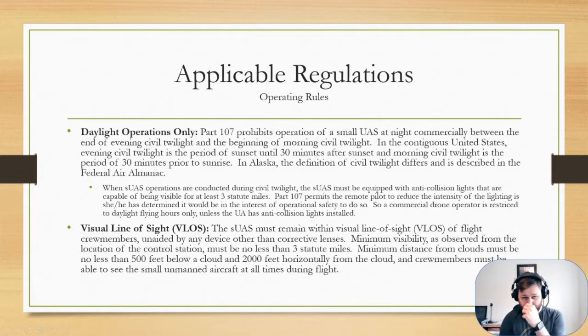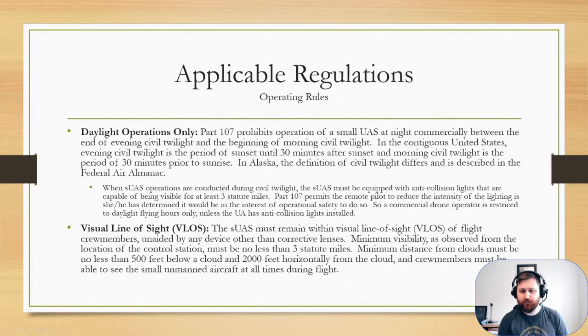One thing that's important to note is that you can use binoculars to take a closer look at the sUAS, to make sure it's safe or that there's nothing else around, but you can't use them for a long period of time. They're only there for corrective or controlled observation. So you have to be able to keep it in your line of sight immediately and continuously.